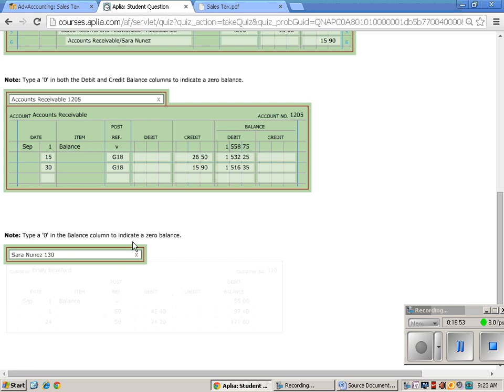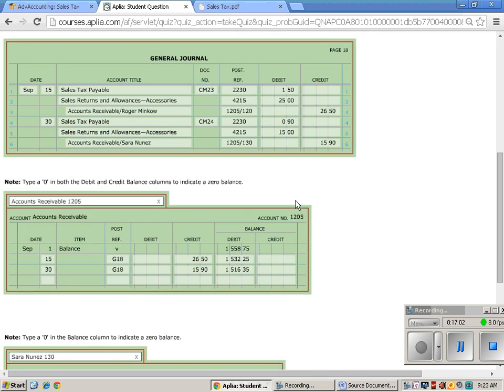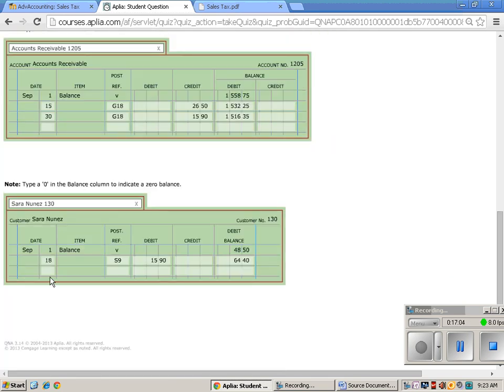So we're going to go down. So it's going to be $130, because we also have to put it in our accounts receivable ledger under Sarah Nunez, $15.90. So she returned it on the 30th from G18.